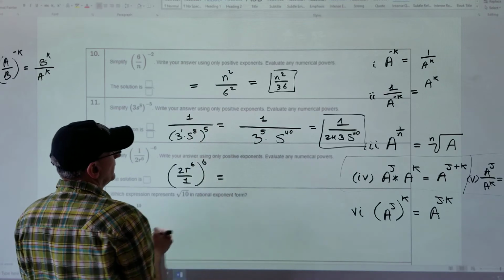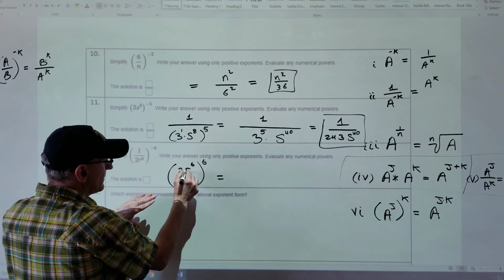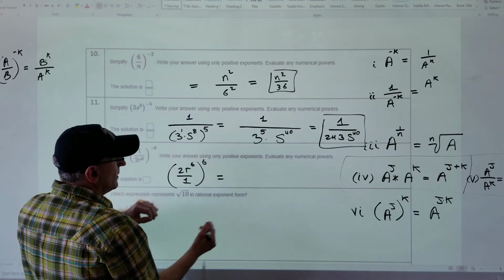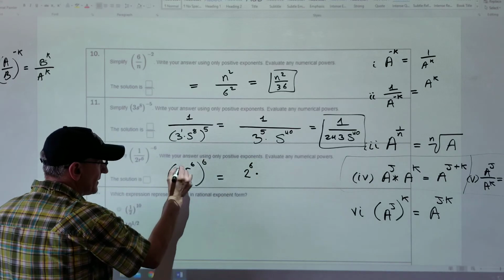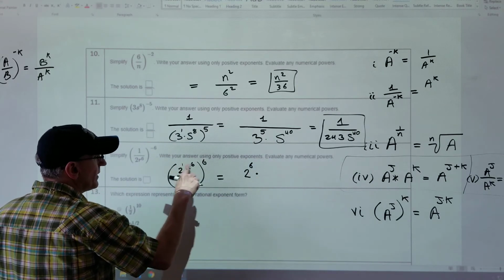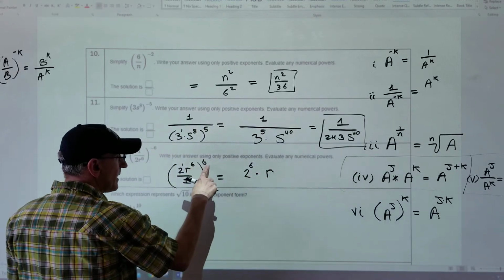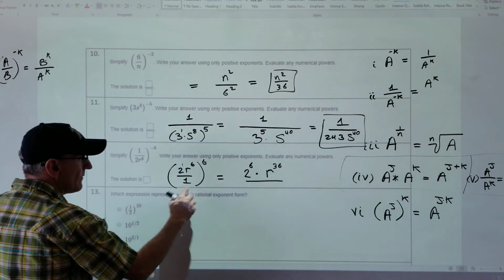What you do is handle these separately, as long as they're factors or divisors. Each one of them is going to feel the 6th power. So you're going to have 2 to the 6th, which basically comes from 1 times 6. You're going to have r to the 6 times 6. And then down here, you're going to have 1 to the 6th.